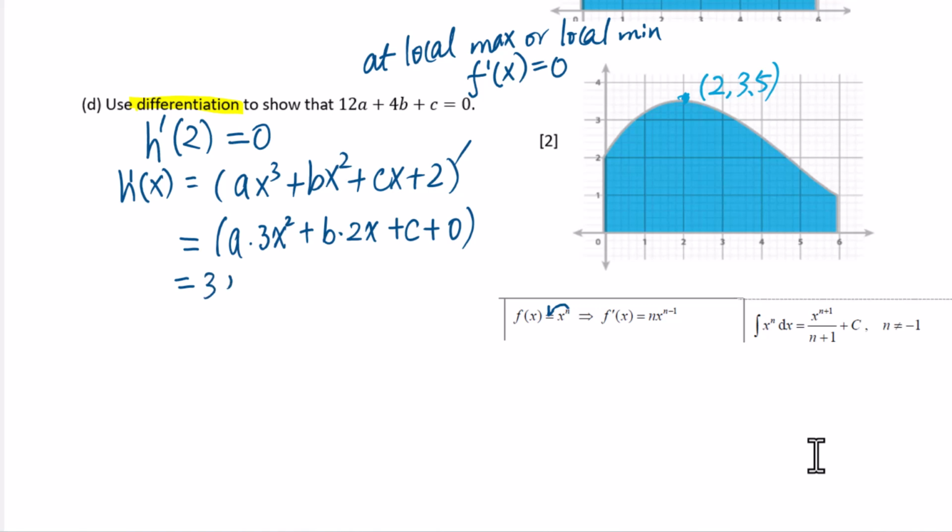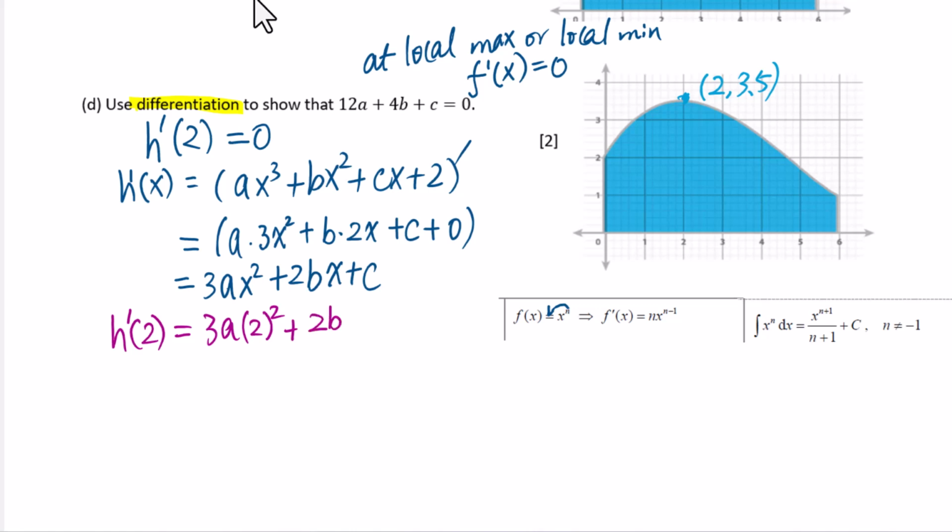Organized, it is 3ax^2 + 2bx + c. Then we figure out h'(2). Change every x into 2: 3a times 2 squared plus 2b times 2 plus c equals 12a + 4b + c = 0.